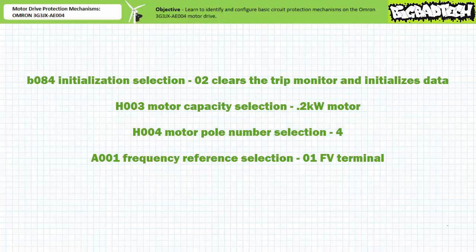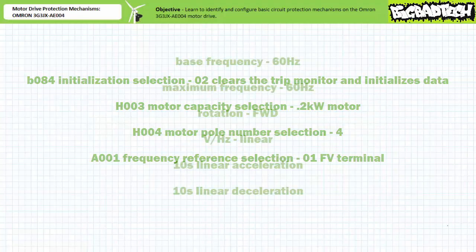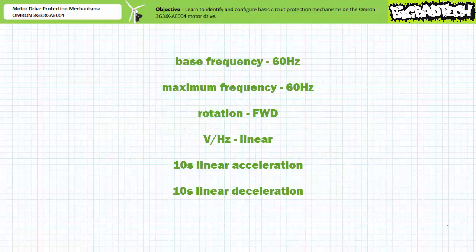Finally, we'll program the drive to recognize an external speed potentiometer input using extended function parameter A001. This start state establishes a 60 Hz base frequency, a 60 Hz maximum frequency, forward default rotation, a linear volts per Hertz ratio, a 10-second linear acceleration time, and a 10-second linear deceleration time, among other properties. This motor drive is now ready for today's activities.